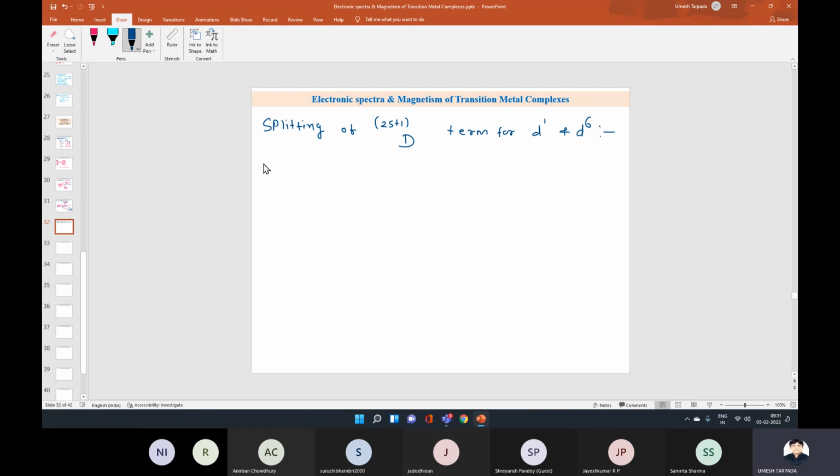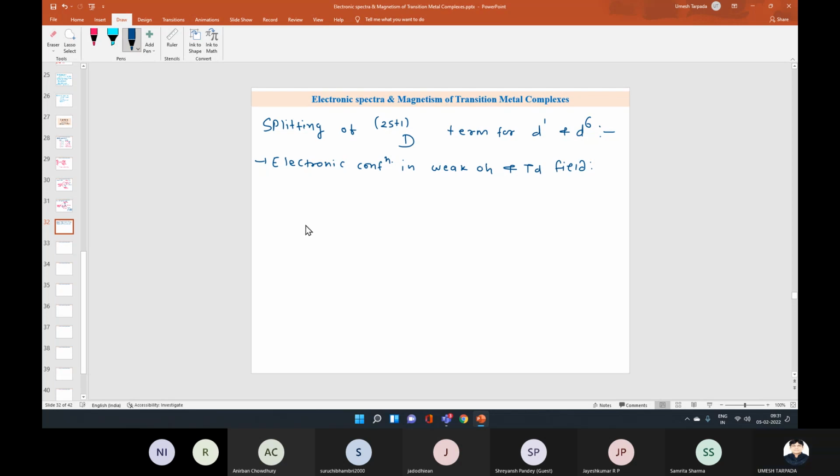So what is electronic configuration when metal ion is subjected to weak octahedral and tetrahedral field? Yes, electronic configuration in weak octahedral and tetrahedral field. So if you go for its electronic configuration for d1 and d6, so in the case of octahedral field, what happens?